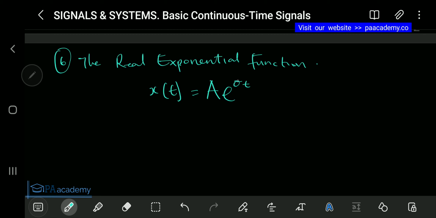For this, there are other things you need to take note of. Number one, a and sigma are real numbers.